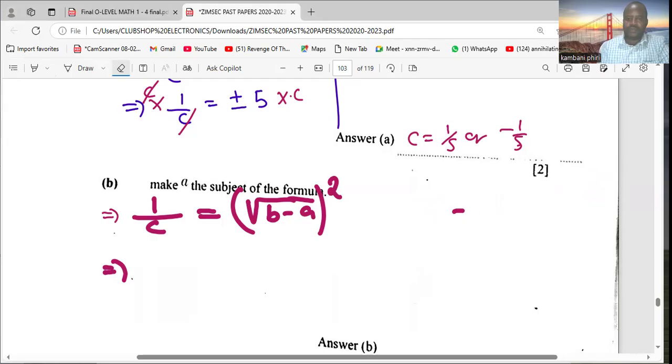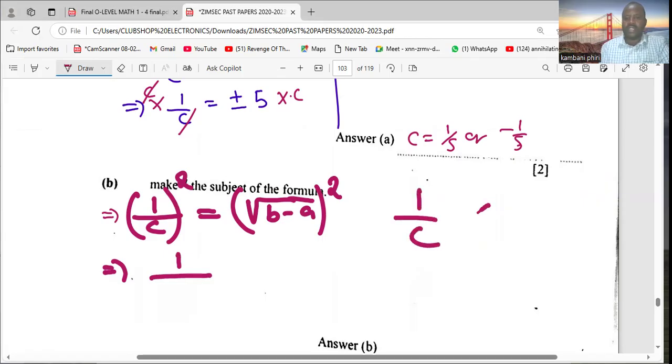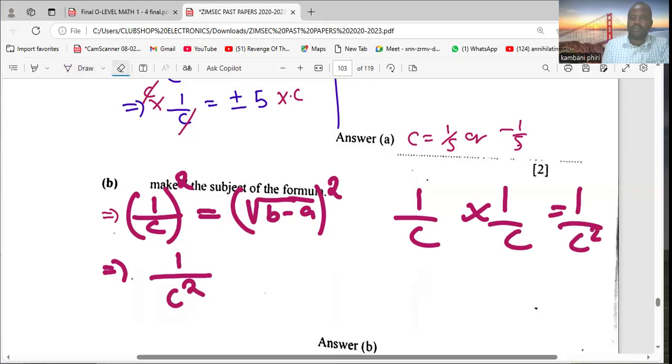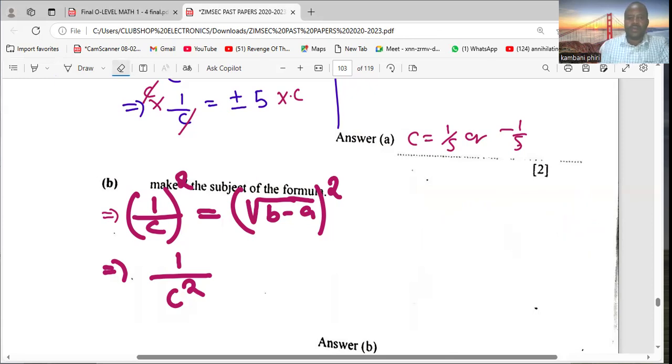Okay, so what you do on the left-hand side, you usually do on the other side. So we are going to have 1 over c multiplied by 1 over c. So you have 1 over c squared. So 1 over c squared is equal to b minus a. Okay.